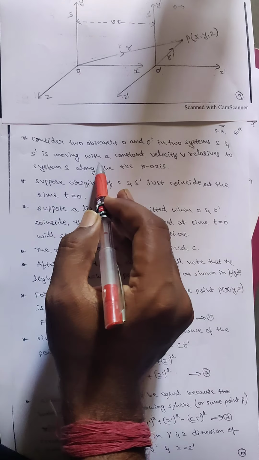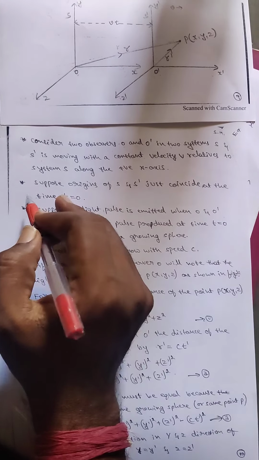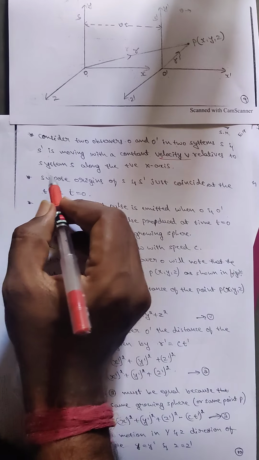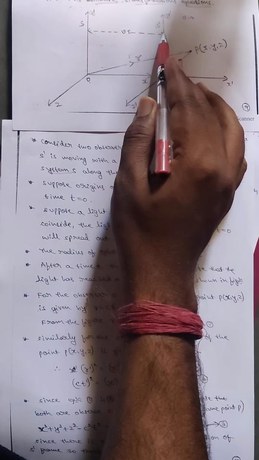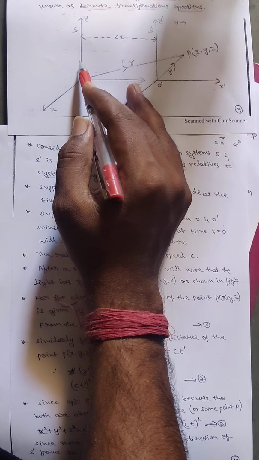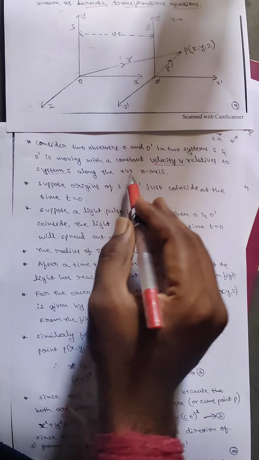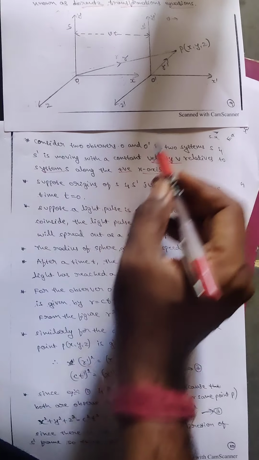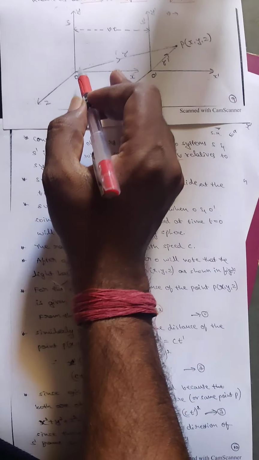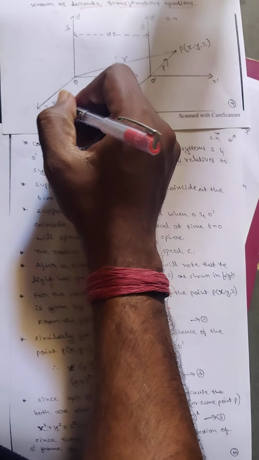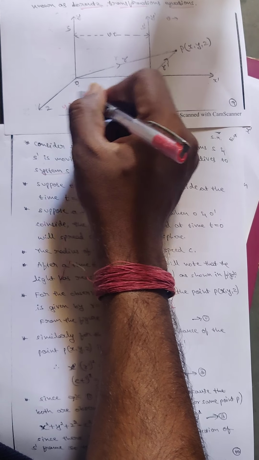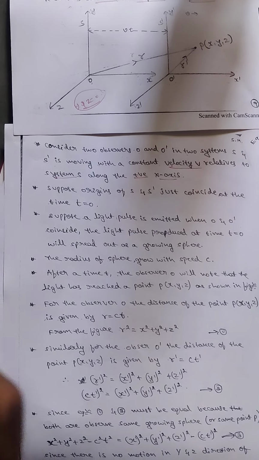S dash is moving with a constant velocity v relative to the system S, along the positive x-axis only, not in the y and z directions. So y and z are 0 here.